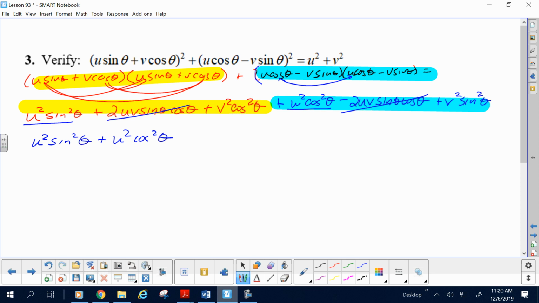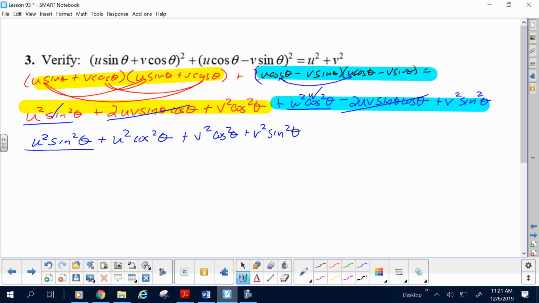Actually, you could do it either way, couldn't you? No, either way, it's going to be the same. Then what else do I have to put down? The v's: v squared cosine squared plus v squared sine squared. Cool. What can we do now?